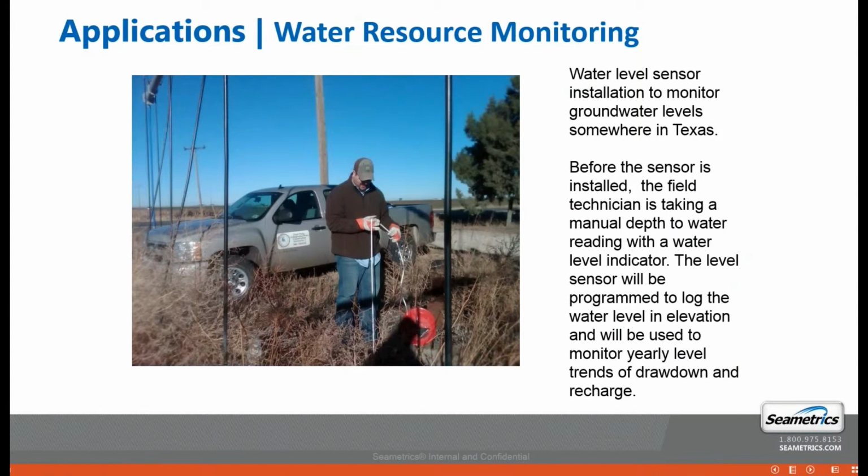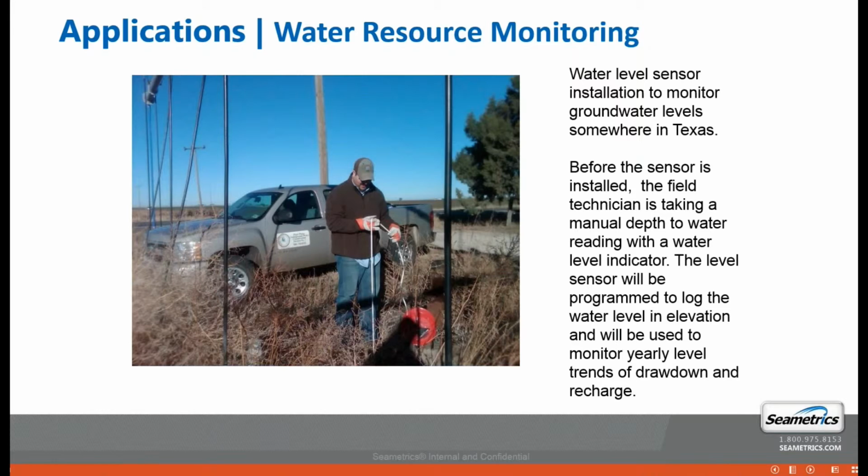Water resource monitoring, again, this is a site that we have in Texas where they have hundreds of wells, and they're having such issue with droughting that the more and more they build, the more they need to make sure that these wells are actually being recharged after they draw down. And in this particular site, there were several situations where they're not.